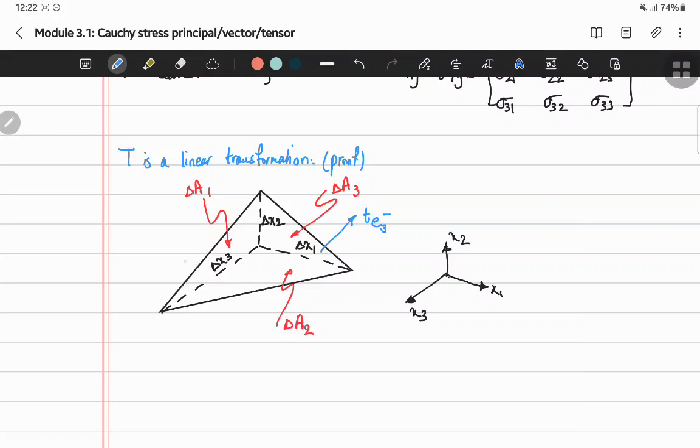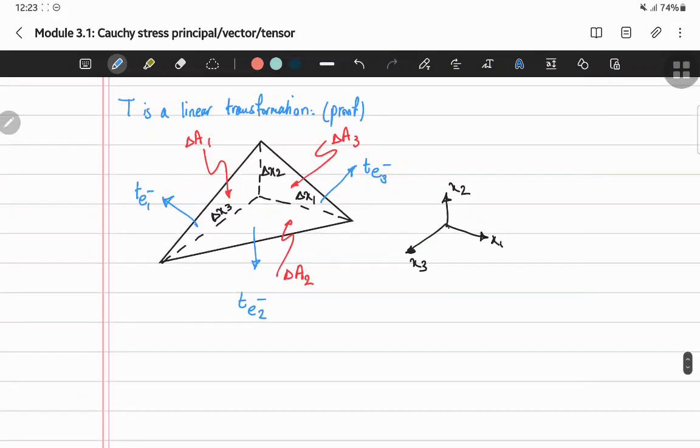And then the normal in this direction is again minus N, so T E1 minus, and here you have T E2 minus, because you have a plane like this. If you have a plane like this, the normal is in this direction. All right. So I guess that these are all the things that we need.